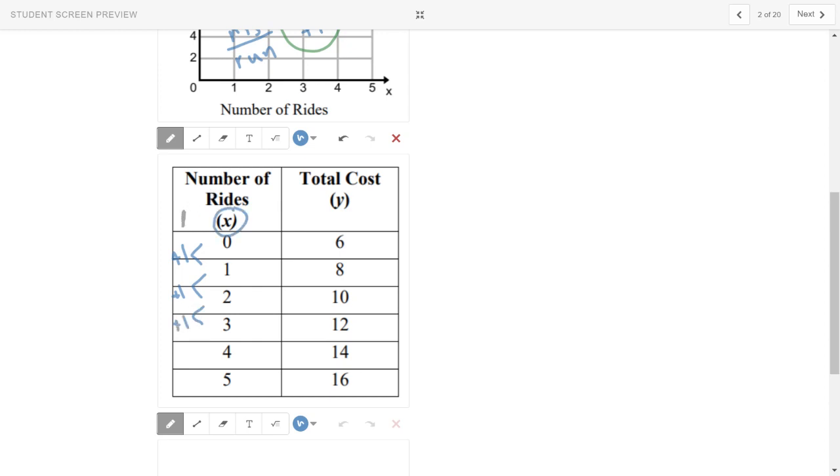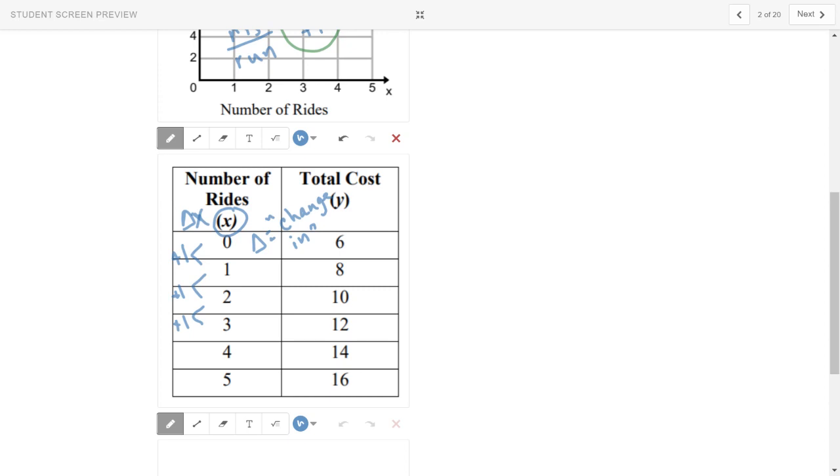This is x, so this side is change in x. Remember delta. That triangle means delta. It's a Greek letter delta, and that means change in. So every time you see that little triangle symbol, just say change in, and there you go.